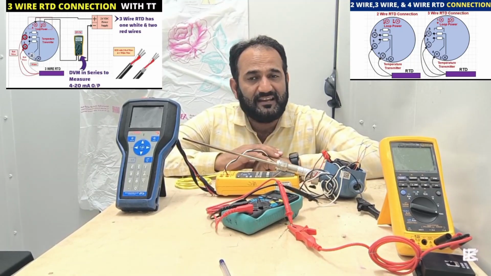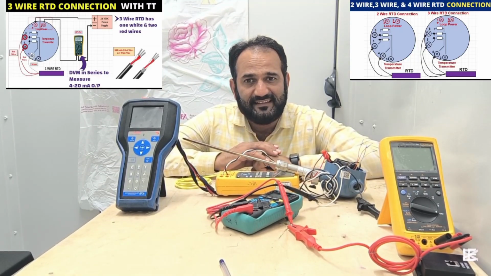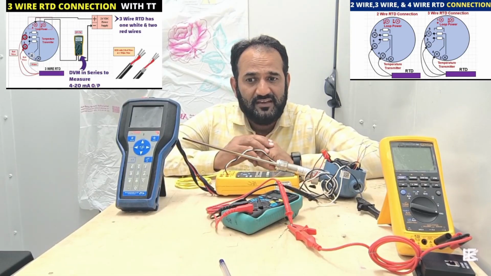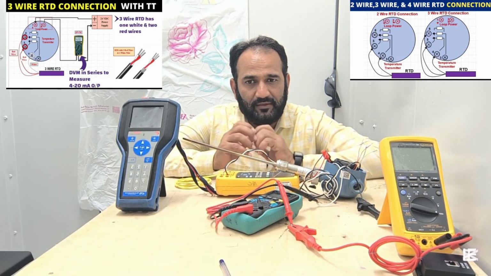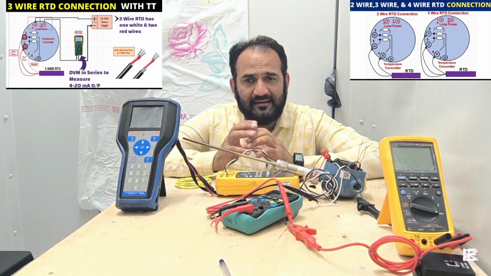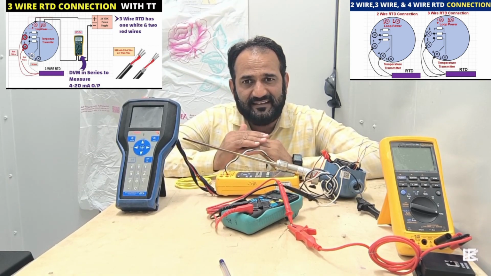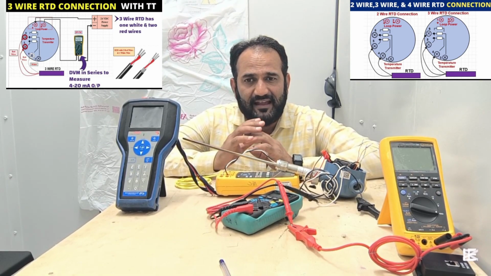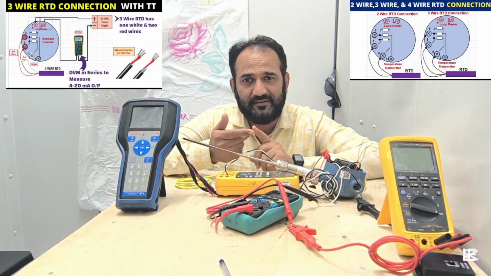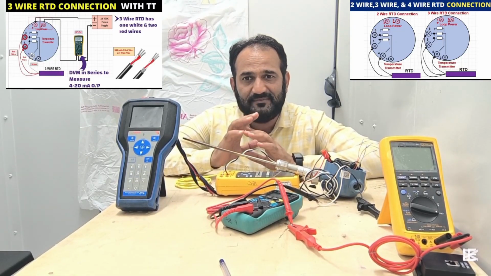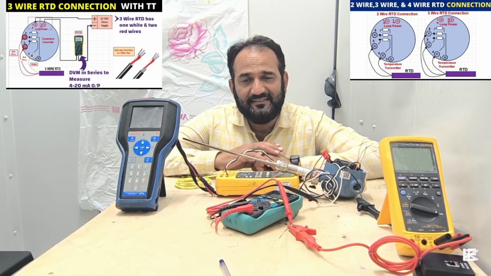The copper RTD range is minus 50 to 150 degrees Celsius, and its models are Cu50 and Cu100. So every resistance temperature detector has a different model, and we discussed the materials platinum, copper and nickel. These are the three materials used for the RTD.